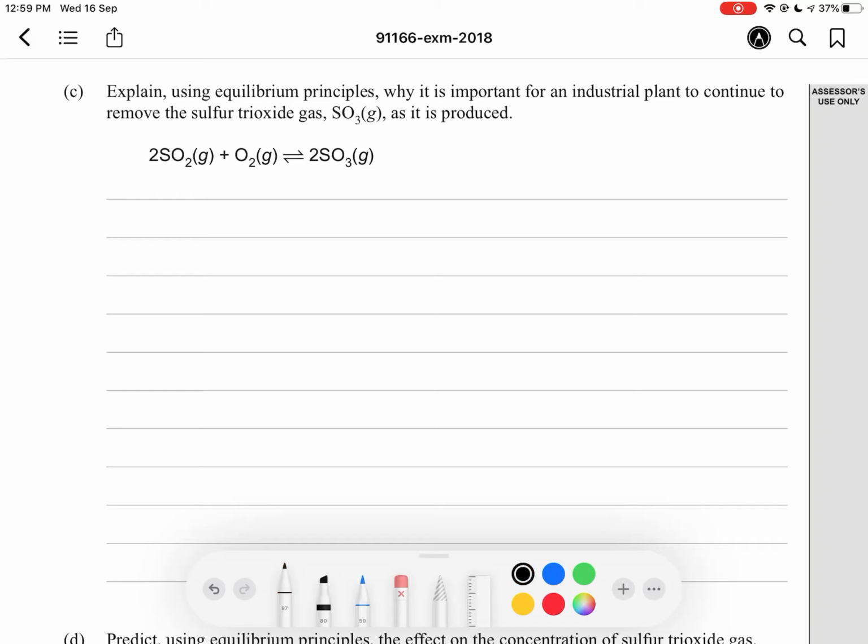So we can say that when SO3 gas is removed, equilibrium will shift in the direction to reduce the change.